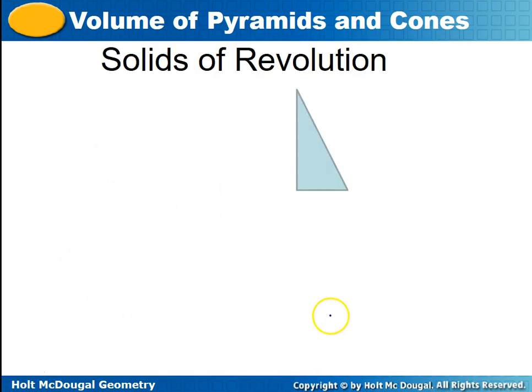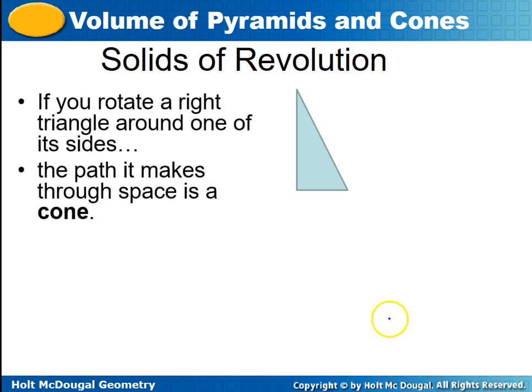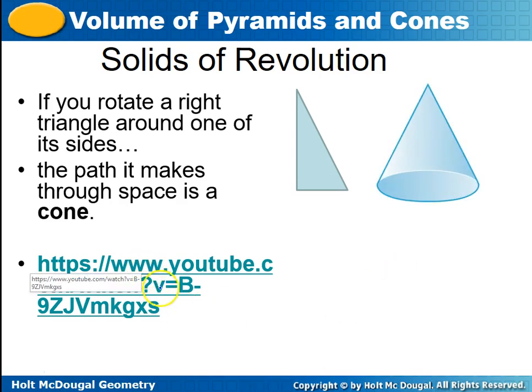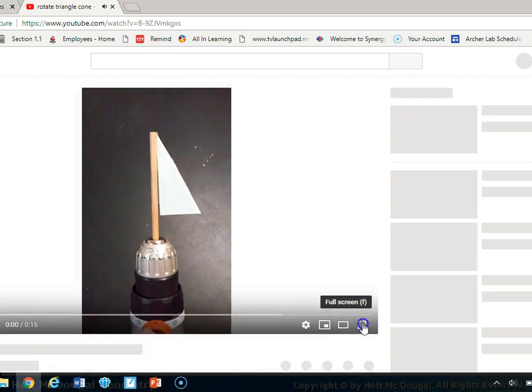Now, the last thing we're going to talk about is if we took a right triangle and we rotated it 360 degrees. So if we take this right triangle and we rotate it 360 degrees, we're going to get a cone. Now, I want to show you all a video of this. We're going to take a right triangle and we're going to go ahead and rotate it 360 degrees.